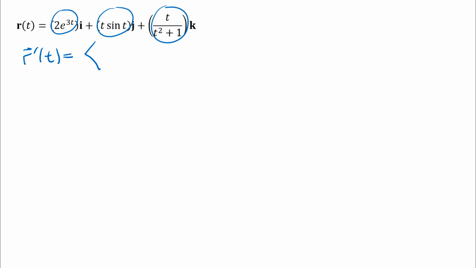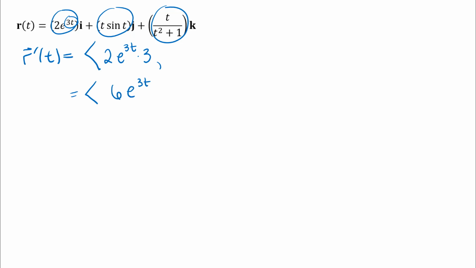Okay, so in the first component here, I'm going to have the derivative of 2e to the 3t, so there's a little chain rule there. I have the 2, then times the derivative of e to the 3t, which is e to the 3t times the derivative of that inner function, the derivative of 3t. So I will simplify that to be 6e to the 3t.